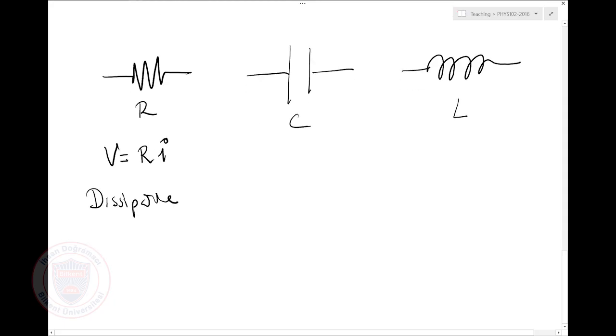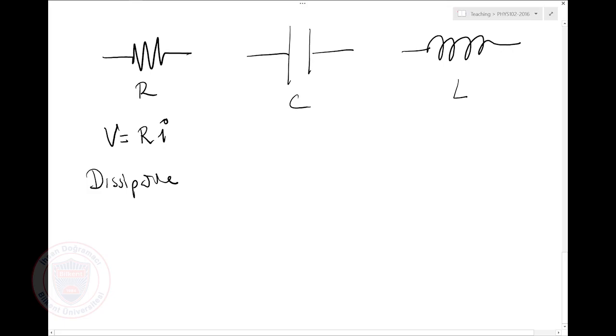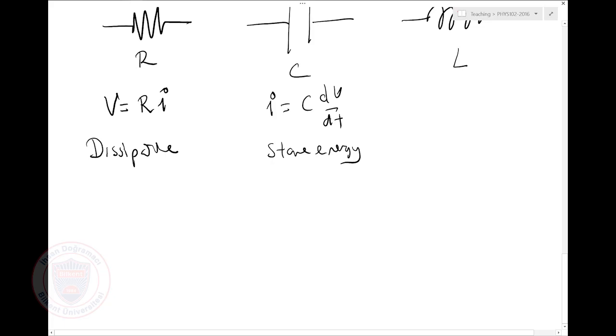How about the capacitor though? The capacitor, our fundamental relation was that I was C dV dt, and this is not dissipative. This is a way to store energy, and the energy stored, we sometimes call it U, we sometimes call it E, is 1/2 C V squared.